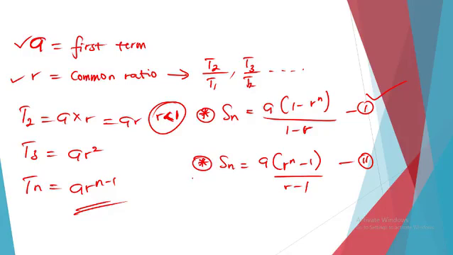But when r is greater than 1, then you use the second formula. It's not as if both cannot solve any problem in geometric progression, but it is a matter of convenience.